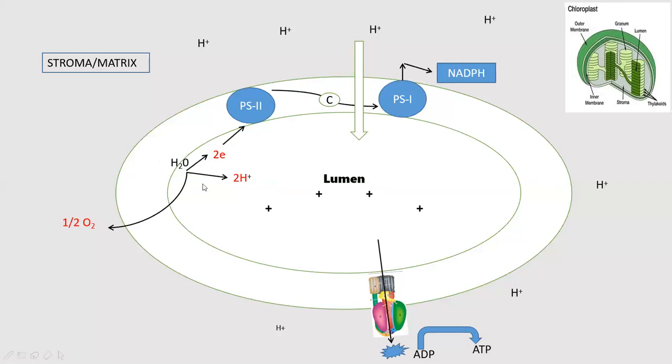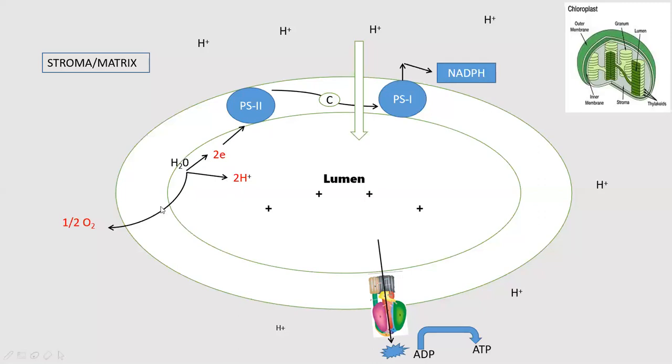This photolysis process occurs on the inner side of the thylakoid membrane. These electrons move to PS2 to fulfill the missing electrons, and the protons are pushed into the lumen part.